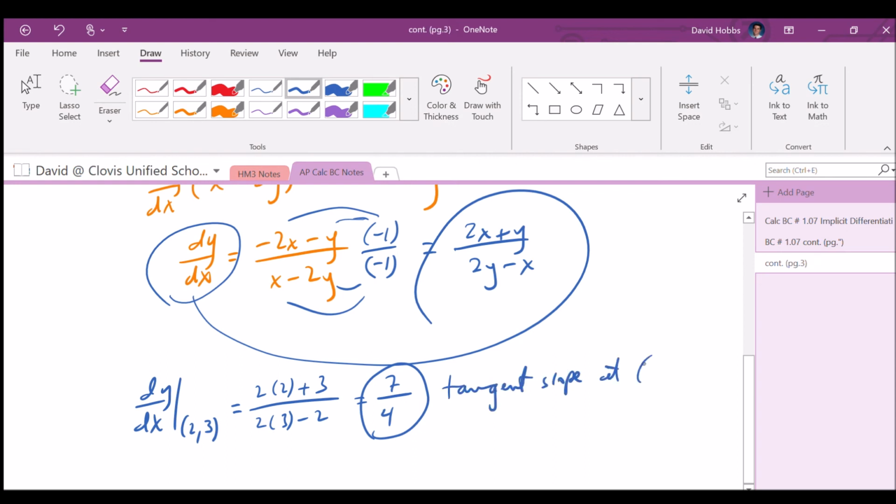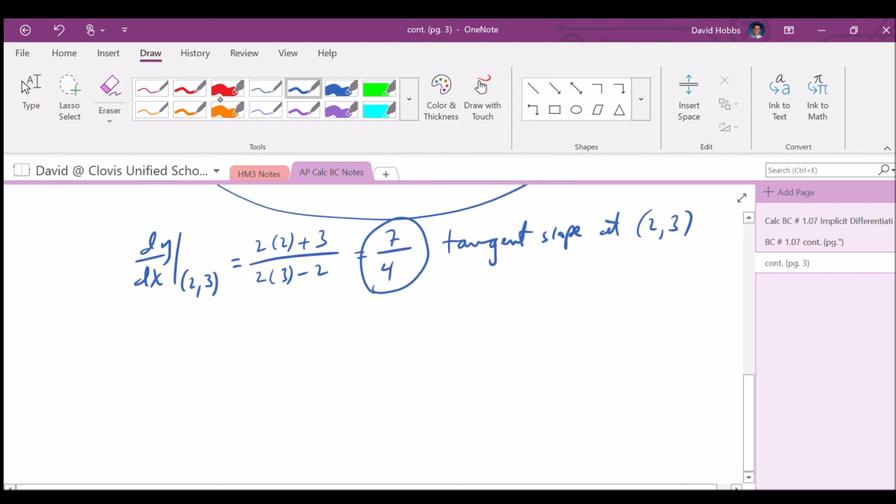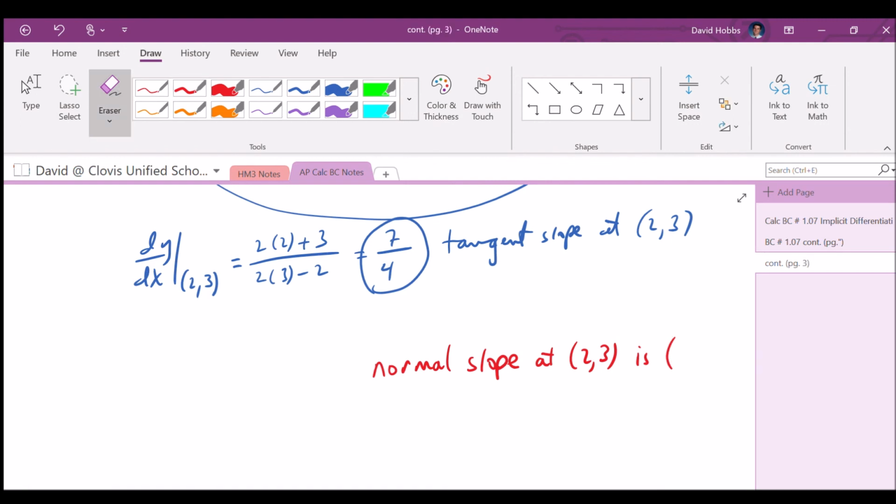Now, what is it we know about the slope of the normal line? Perpendicular, right? Therefore, the normal slope at (2, 3) is the perpendicular slope, so -4/7.